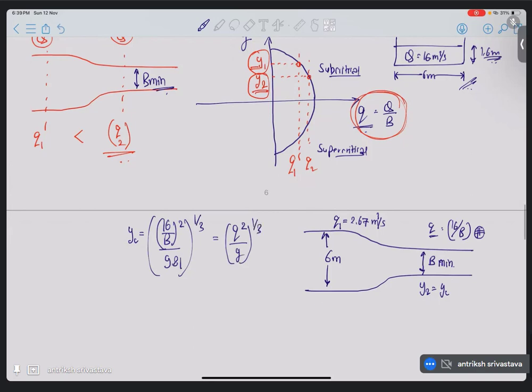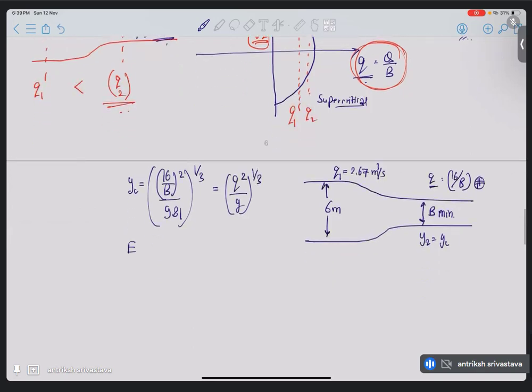Okay. So when we have a rectangular channel, we know that the energy is going to be 3 by 2 YC. So it is nothing but 3 by 2 times q square, or maybe let me simplify this expression. So 16 square divided by 9.81, and then the cube root of that.